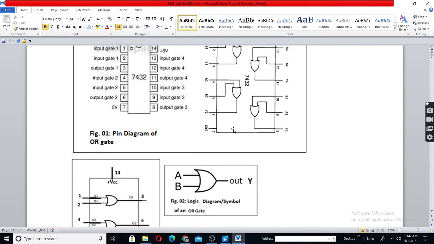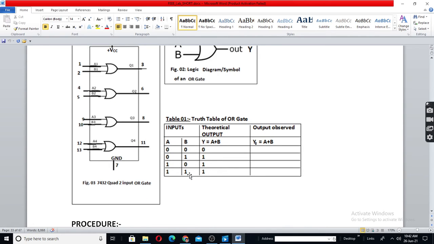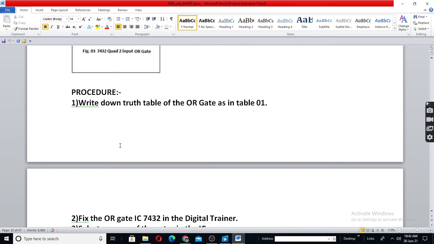OR means like this. NOR means OR with a bubble.